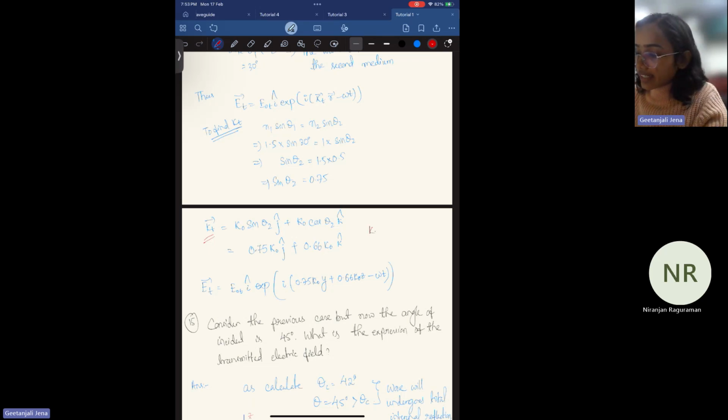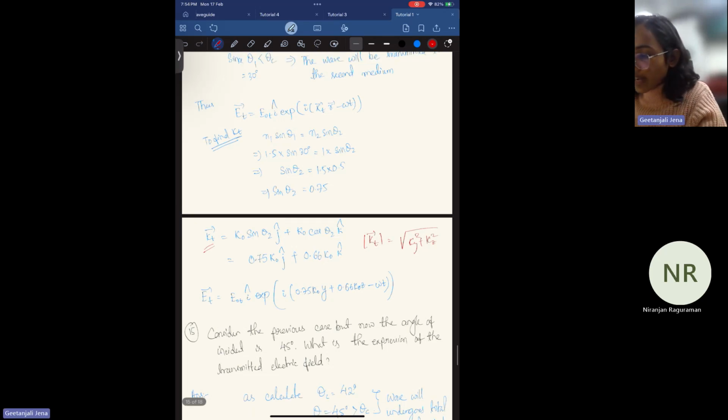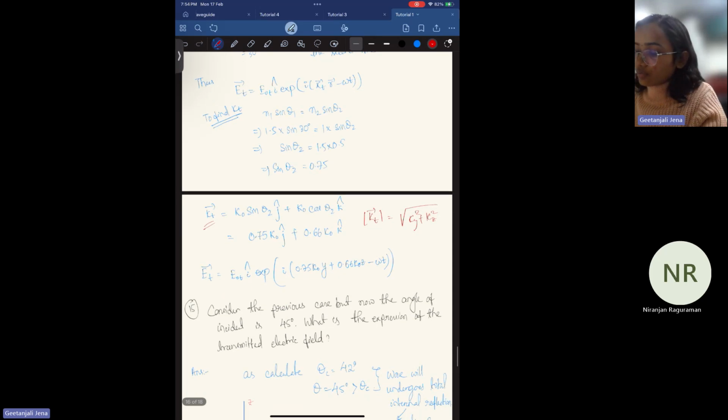That means the magnitude of kT will be root over of ky square plus kz square, right? So the wave is propagating in the yz plane. So just take the square, let me calculate then.